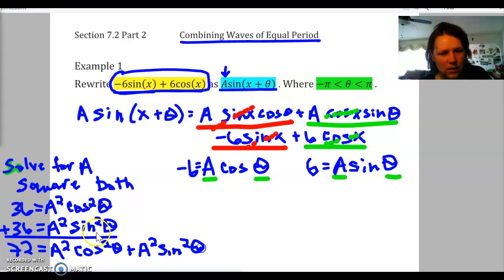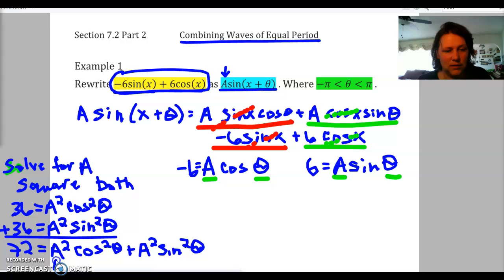Now I know it seems a little bit tempting to write a 2a squared there, but remember those are different terms. We have a cosine squared term and a sine squared theta term, so we can't add those directly. But what we can do is factor that a squared out.